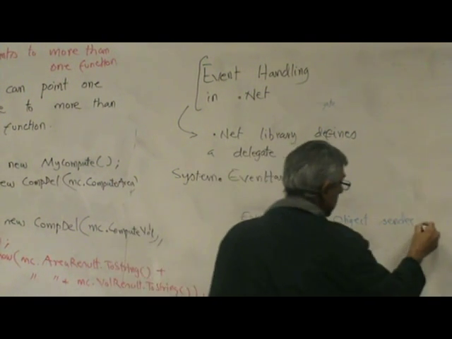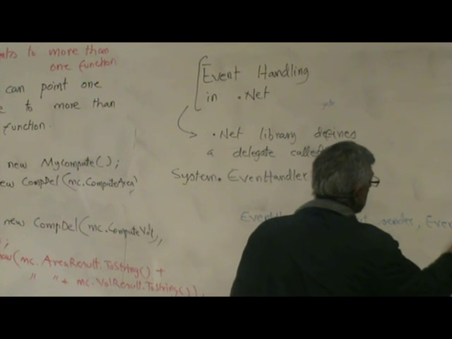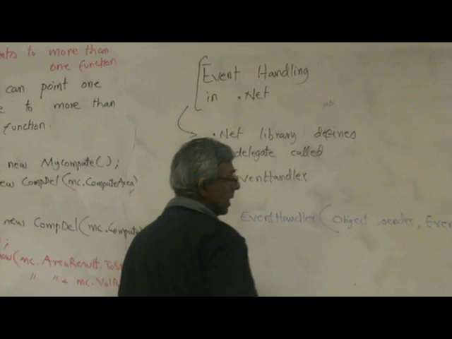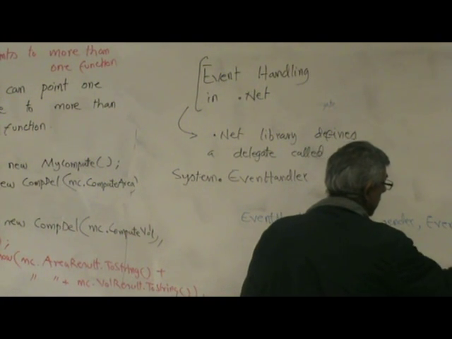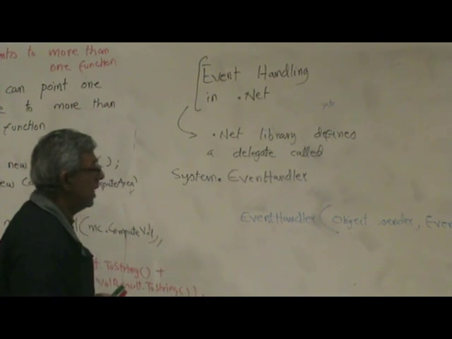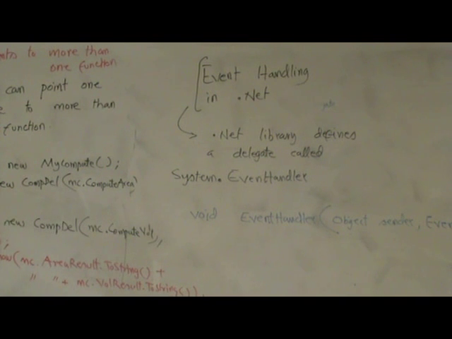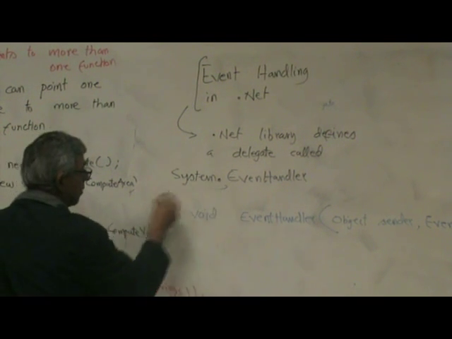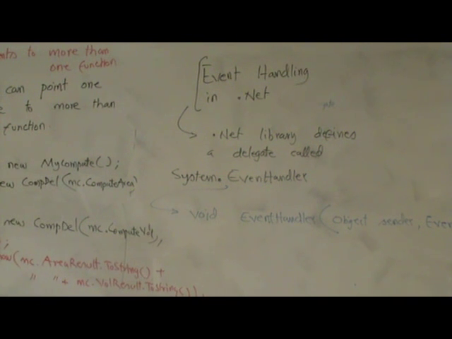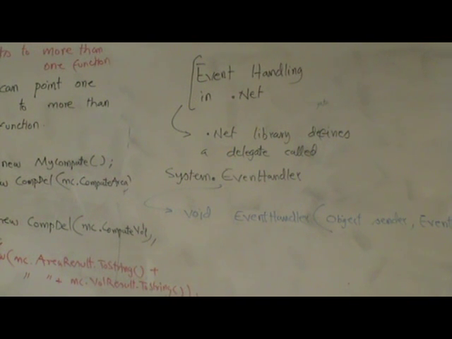Okay, second is event args, which is a class already created in the .NET library. Okay, and what does it return? Void. So this is how this delegate is declared in the .NET library. Okay, so now let me ask you a question. Can we use this delegate to point to more than one function? Yes. And how would you know if a delegate is capable of pointing to more than one function? If the return is void, right?